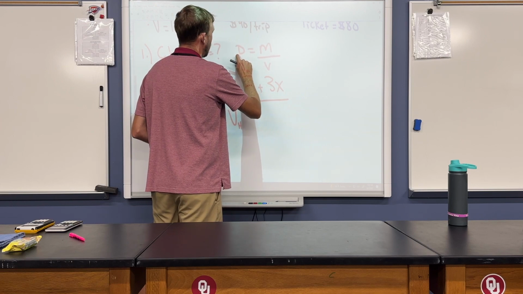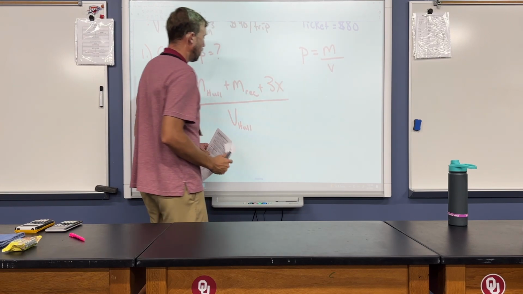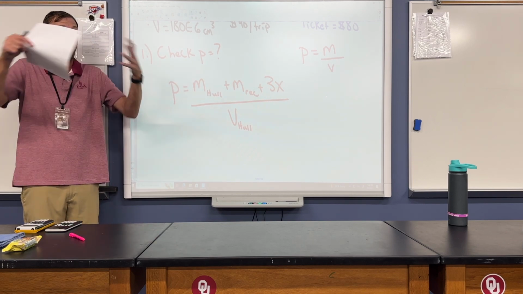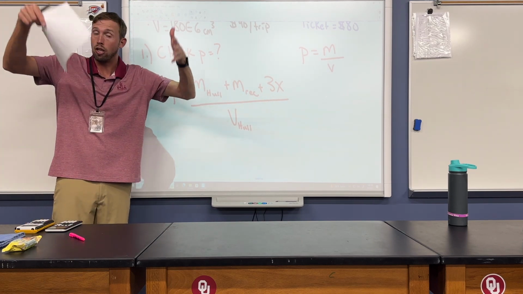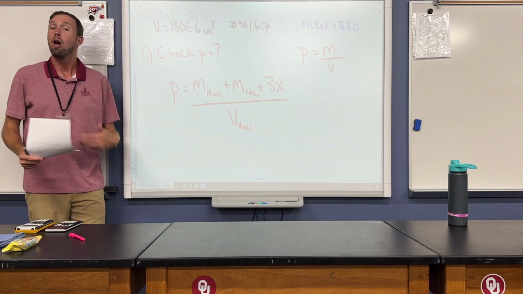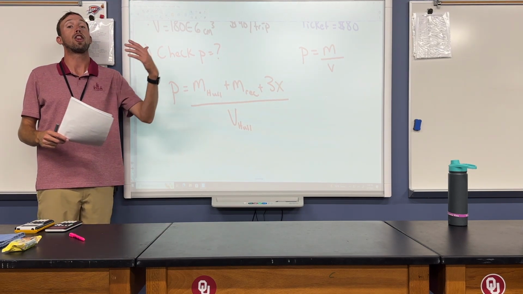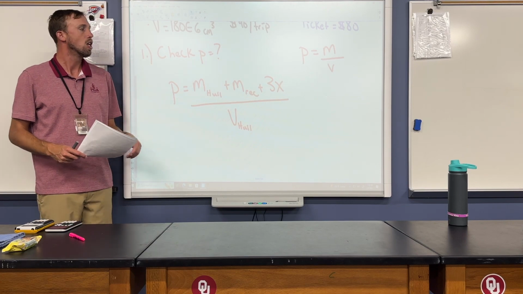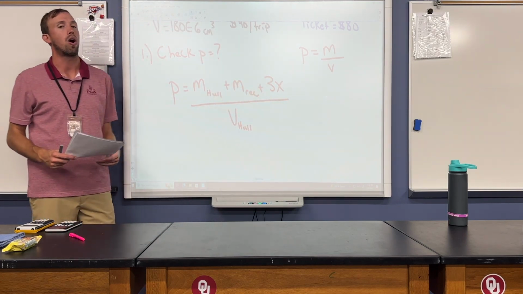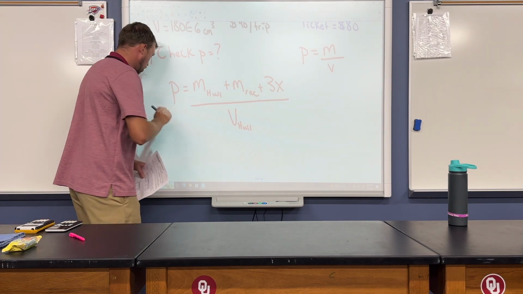All this formula represents is the total mass of everything on our ferry: the hull, the recreation center that we put on the hull, and then 3x. What does that 3x represent? Remember that every car has a mass of 3 million grams. So the 3 represents the mass of one car, and x is the number of cars you're working with. So here's what we've got.